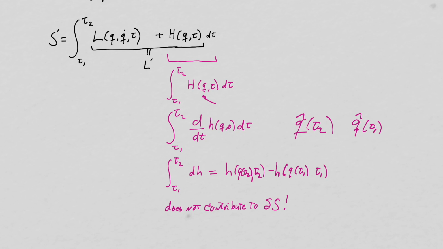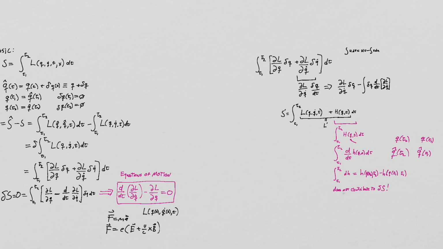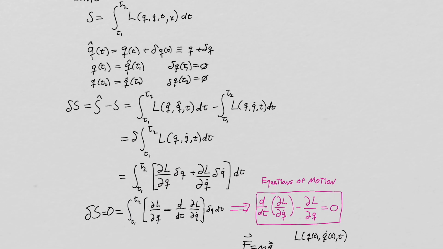But q-hat of t1 and q-hat of t2, as we've said a few times, are actually equal to q of t2 and q of t1. So the variation has no effect on this process. So these two numbers are the same for the true Lagrangian, the Lagrangian calculated using the true path, and the Lagrangian calculated using the varied path. And because of that, those two numbers would appear in this Lagrangian and in this Lagrangian in exactly the same way. And they would subtract off and be zero.